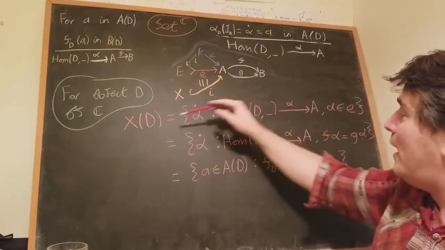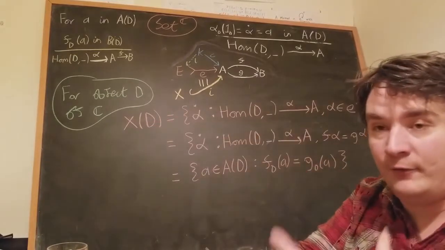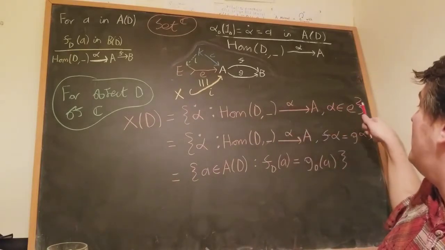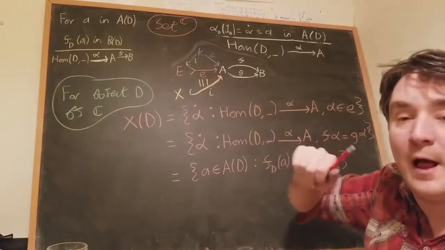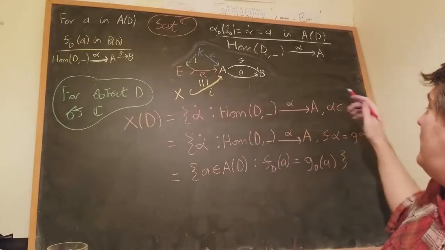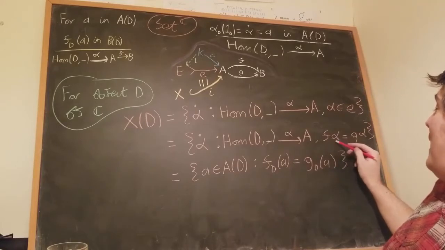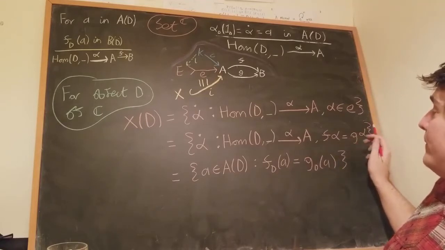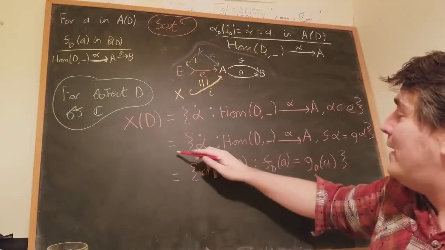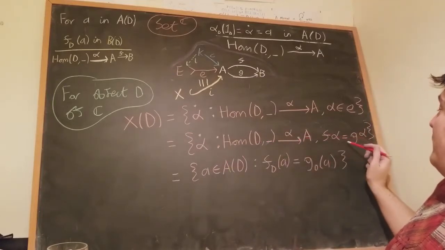But now we can start to use our different results. One of them is that we can characterize which arrows alpha are going to be in e, because e is an equalizer, and we know something about which arrows are in an equalizer. We know that this arrow alpha is going to be in e precisely when f after alpha equals g after alpha. And so we can say that x of d is the set of elements corresponding to arrows alpha from a Hom functor such that f after alpha equals g after alpha.